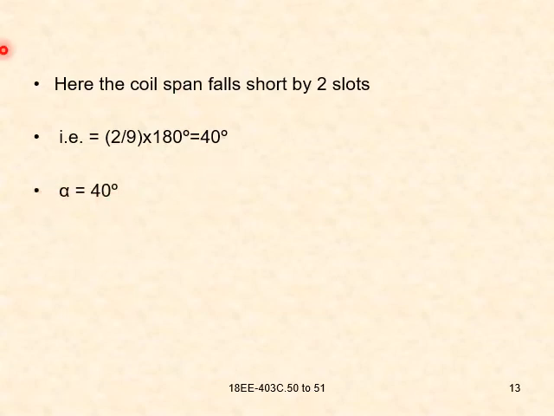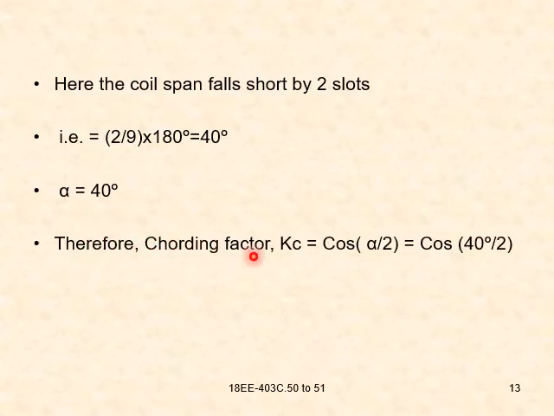Now the cording factor or pitch factor Kc or Kp is equal to, we know, cos alpha by 2, that is cos 40 by 2, that is cos 20, which gives us 0.94. In any case you can see that this value is less than 1. That is why we mentioned that Kc is always less than unity.